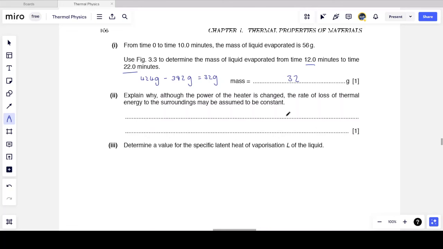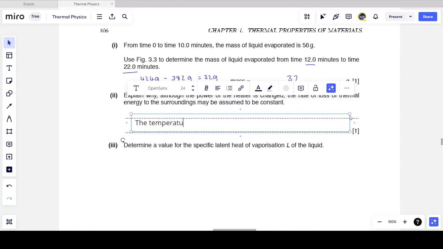So in your mind, they're trying to get you to think that the rate at which the energy is being passed to the surroundings will also change because now I'm heating the water more rapidly. But I want you to think back to what we said when learning about thermal physics, when learning about temperature. We remember that the temperature difference is the thing that determines the rate of heat transfer, the rate at which energy is passed on to surrounding objects.